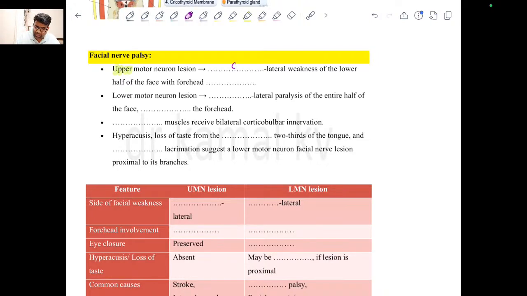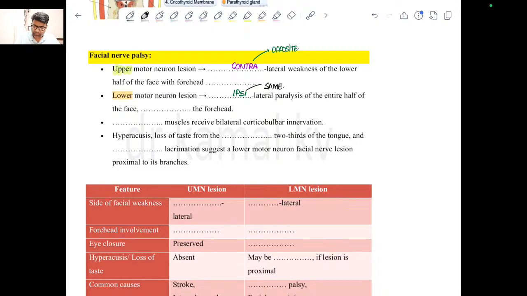So what will you call that? Contralateral, opposite side, right? Contralateral means opposite side, and vice versa. In lower motor neuron, it will be ipsilateral. Ipsilateral means same side. So upper motor neuron, opposite side; lower motor neuron, same side.